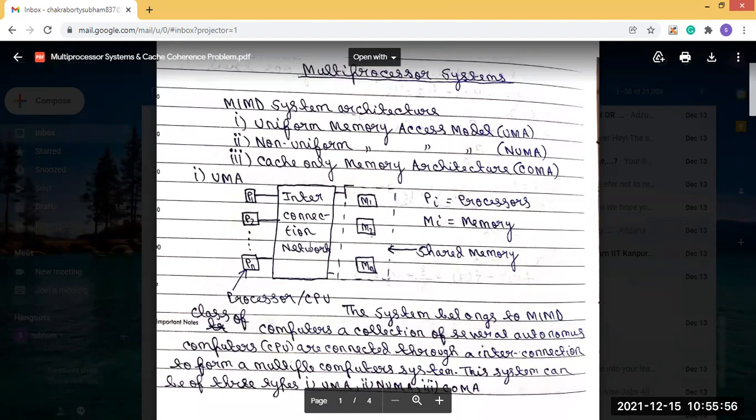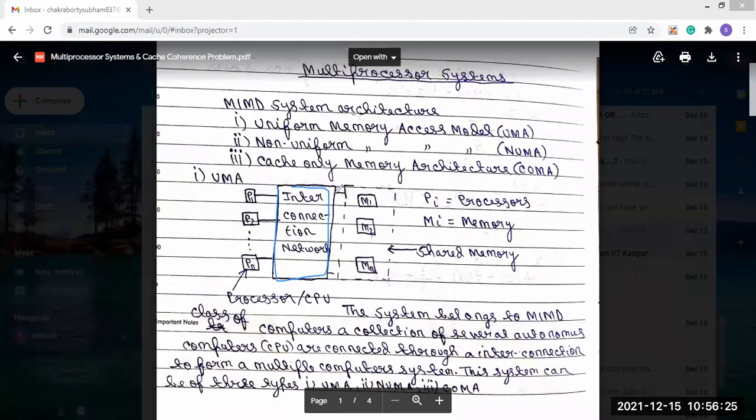Now here you will see that there is an interconnection network present, and there will be n number of processors, from P1, P2 to Pn. That means a total of n processors are present, and these n processors are connected to the interconnection network.